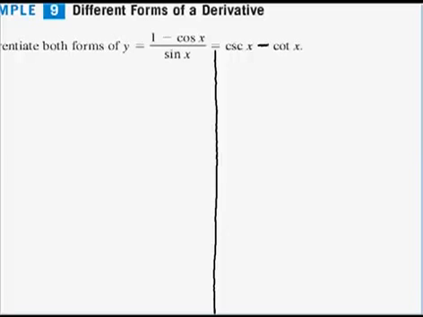For the first one, the upper function is 1 minus cos x. The derivative of negative cos is positive sine x. And in the denominator, the derivative of sine is cosine.